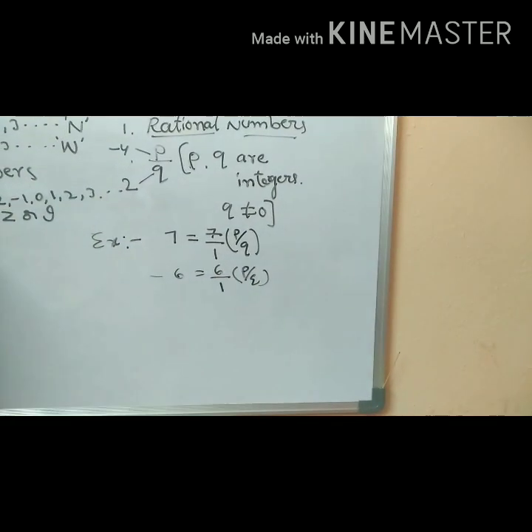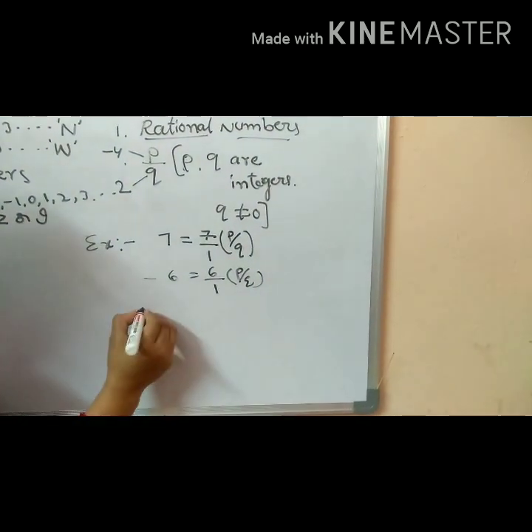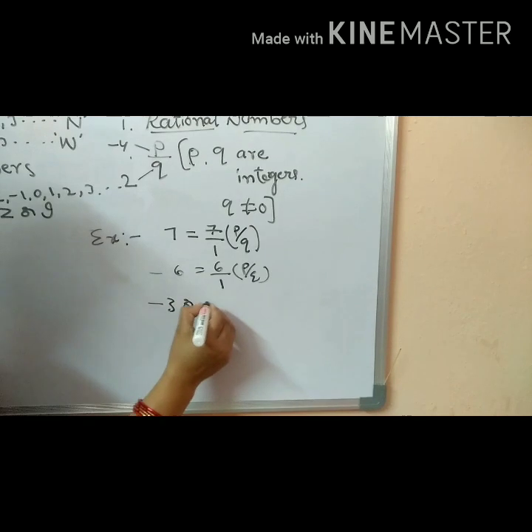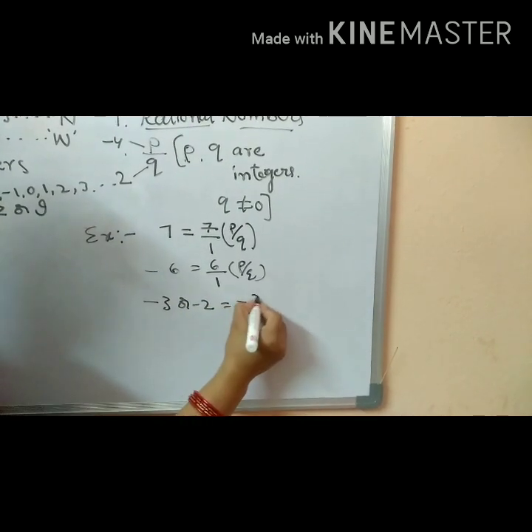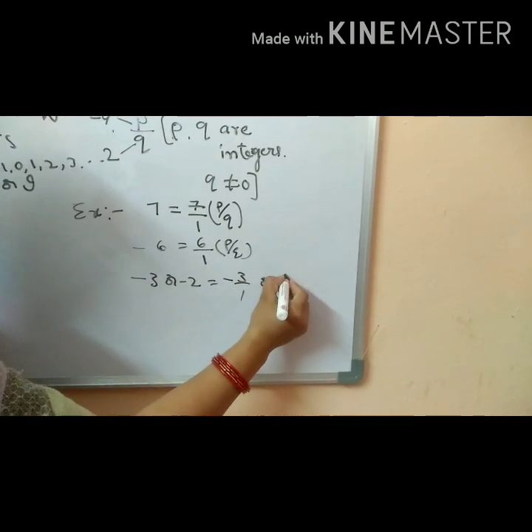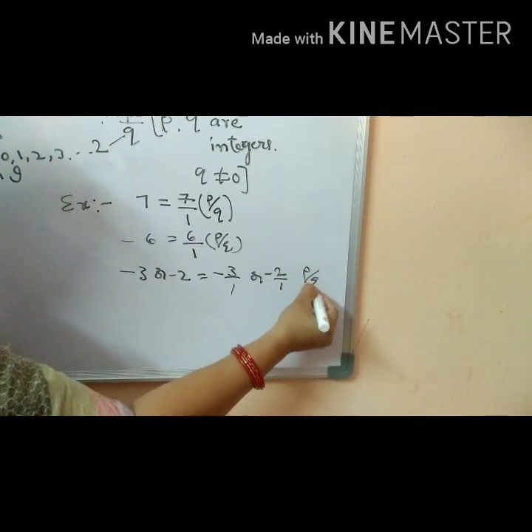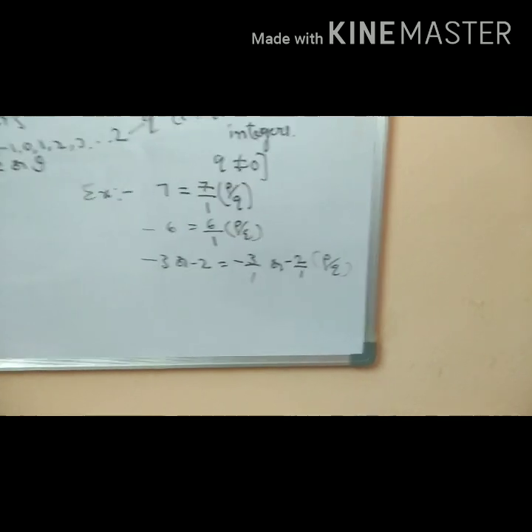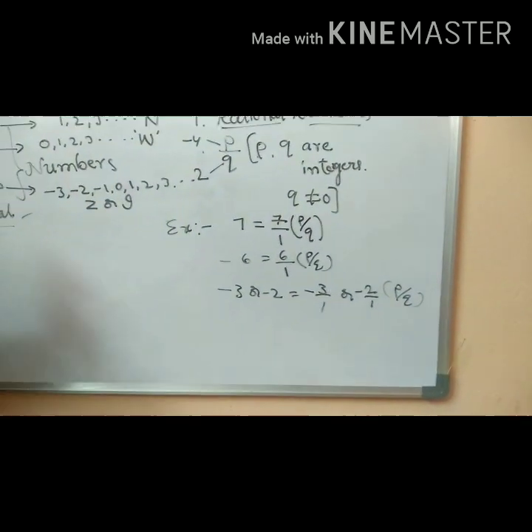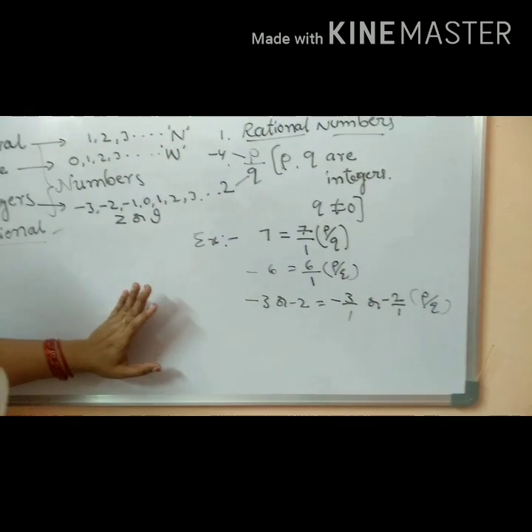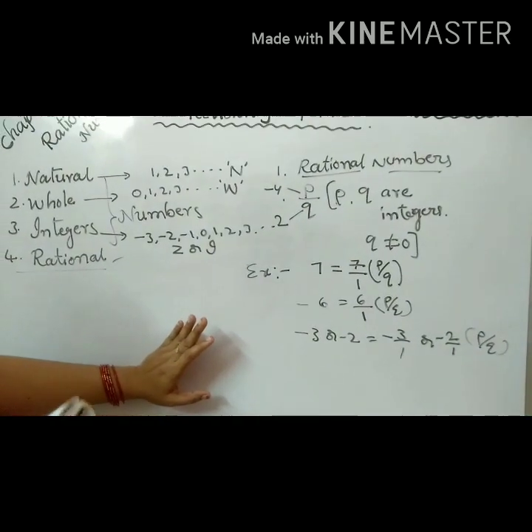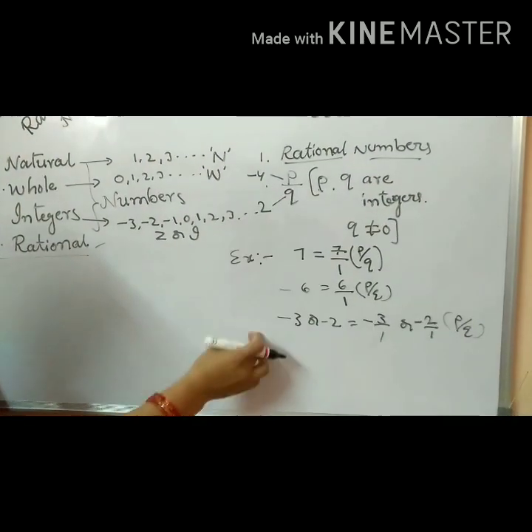And integers means -3 or -2. You can have -3 by 1 or -2 by 1. So it is the form of P by Q. Did you understand the topic of rational numbers? They are all rational numbers.